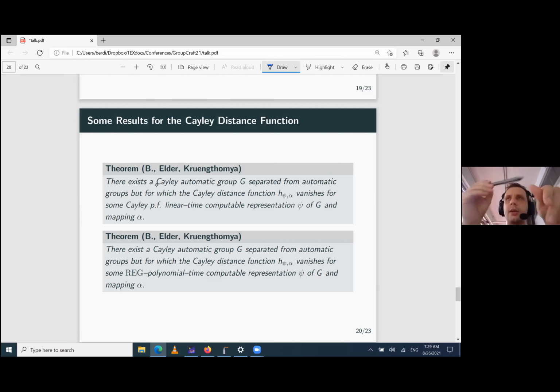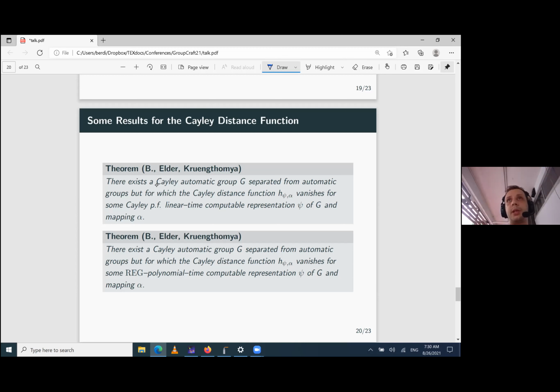In the second case, the example was a Baumslag-Solitar group. For this group, if you consider any Cayley automatic representation, then the Cayley distance function is bounded from below by a linear function. But you can construct a regular polynomial time computable representation, so the language of normal forms is regular.